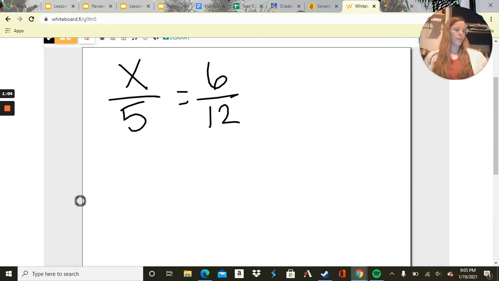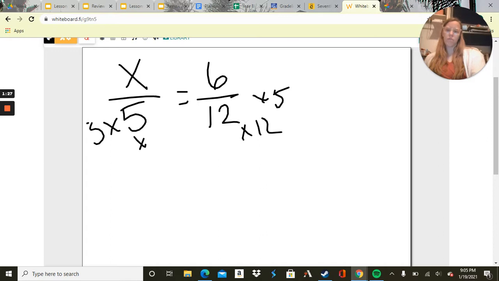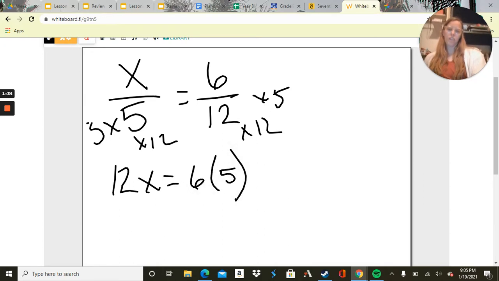We are first going to multiply by 5 on each side and by 12 on each side. So we get 12x equals 6 times 5, which is 12x equals 30.